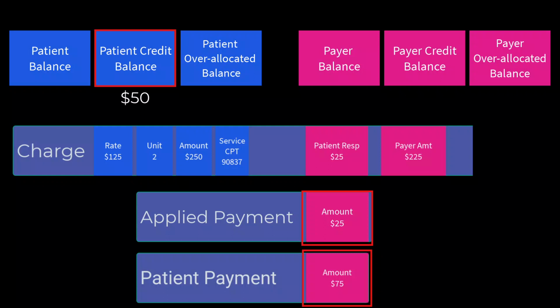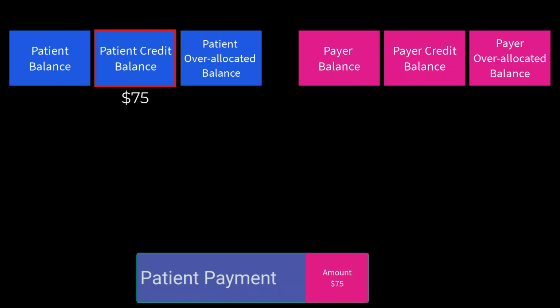So, for example, in this case, the patient paid $75. Only $25 was applied to the patient responsibility in the charge because that's all that they owed. And the rest, the $50, will show up as a patient credit balance. You can also create a patient credit balance when you have a patient payment that has not been applied to any charges.